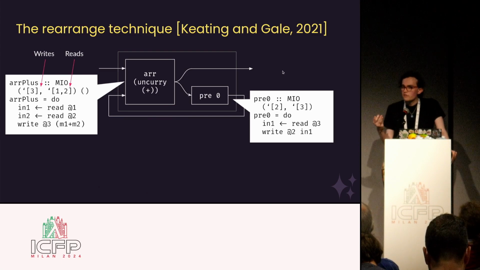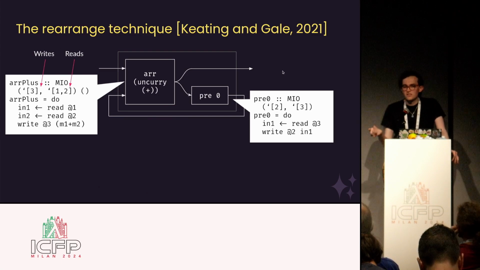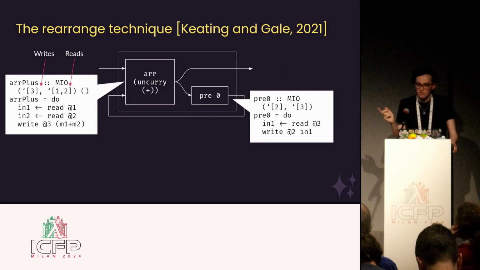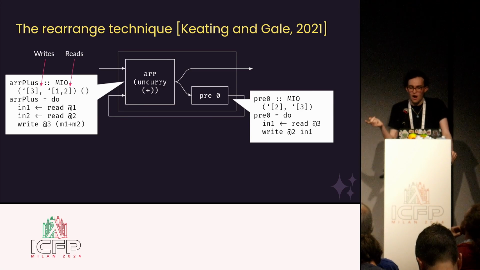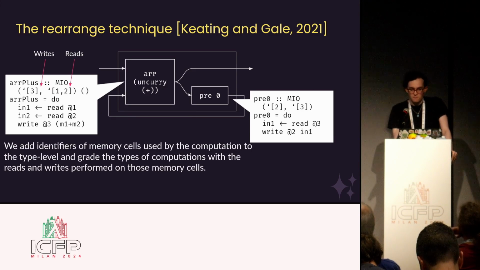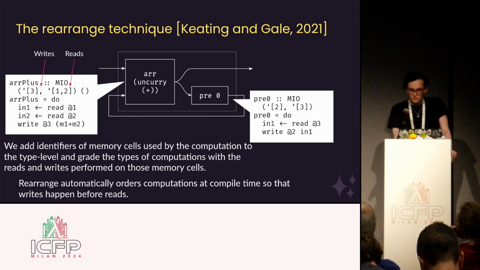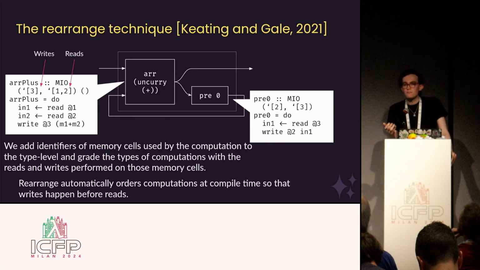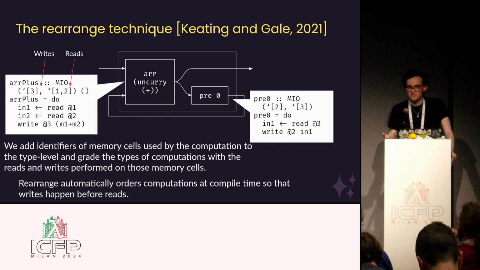This doesn't solve our issue, though, because, as we said, we want the writes of pre to be happening later than the reads, and the writes for R to be happening before. This is why we call them after writes. But the rearrange technique has this nice property that it can take these computations and order them at compile time so that these dependencies hold. So we extended it.